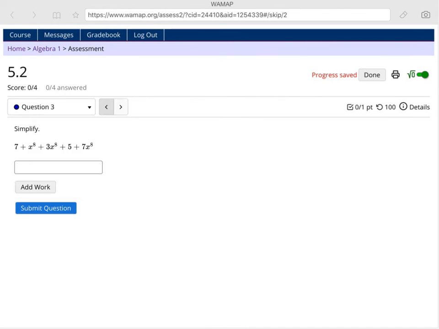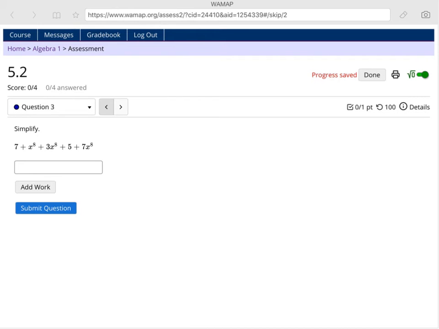Now on to the next problem. You notice in this case they aren't all exactly the same. We're not starting with all of them being like terms. And so a great thing to do in this sort of case is to actually mark them in different ways. The very first thing I have here is a number that has no variable on it.